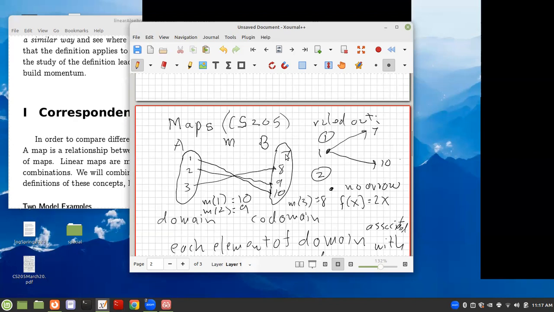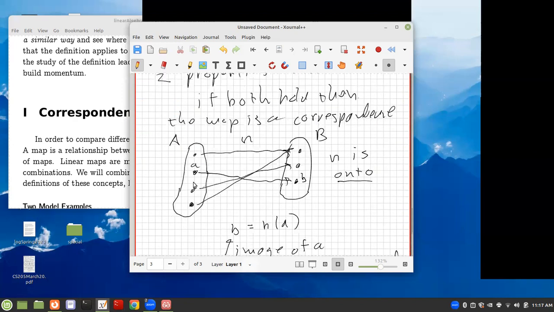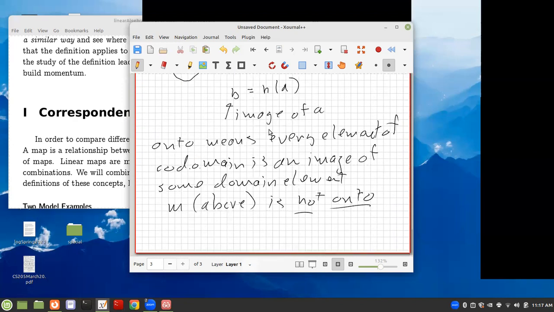So you can see this is going to be not onto. And again, there's a precise way of saying this. You can translate these words: for every element B, member of the codomain B, there exists, no, we want it the other way around, not exists.